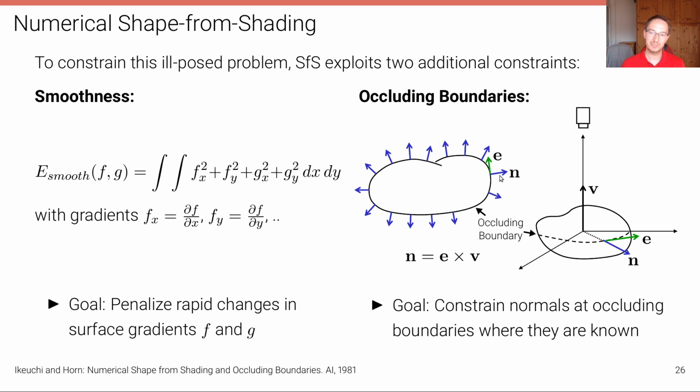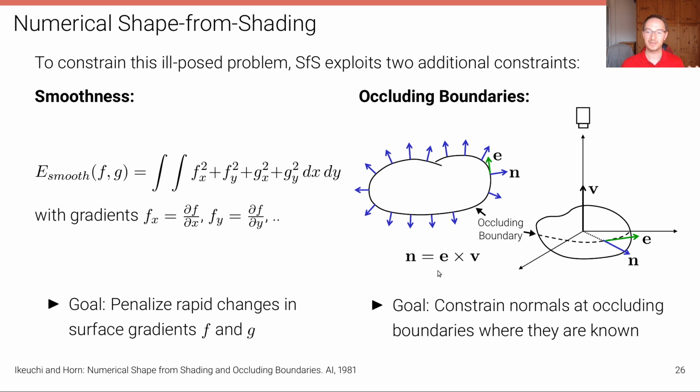So this normal here must lie in the plane that is orthogonal to the viewing direction. And the other constraint that we have is that this normal must also be orthogonal to the direction of the edge, which we can compute by looking at the variation of the edge in the image domain.